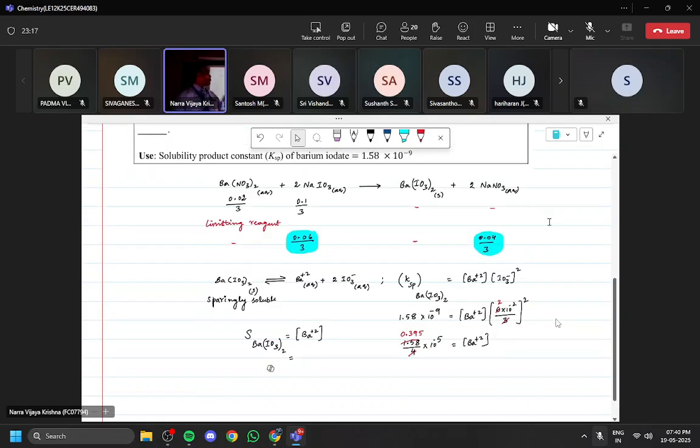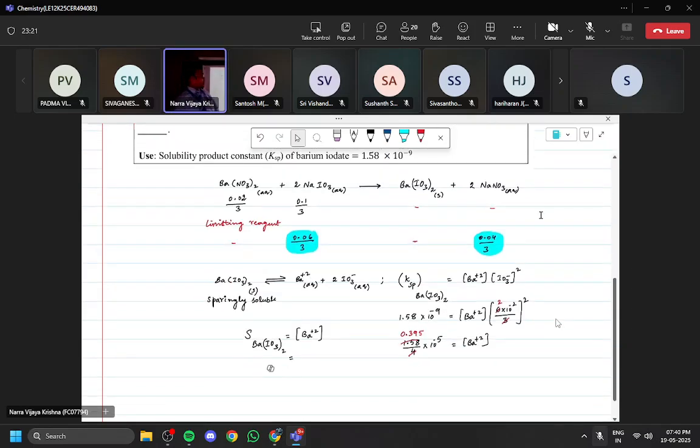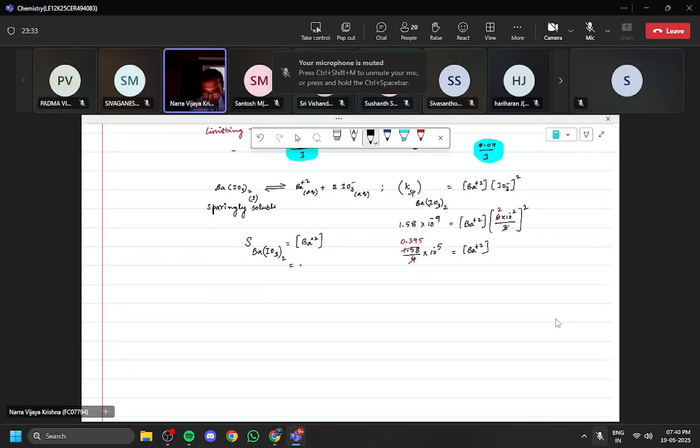Correct? Moles per liter means molar. So something into 10 power minus 6, what can I write this as? I will write this as 3.95 into 10 power minus 6 molar.